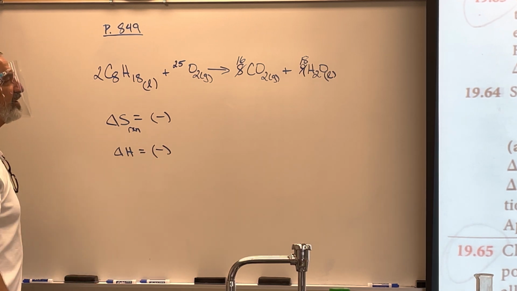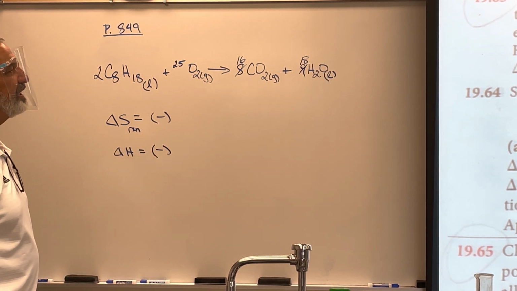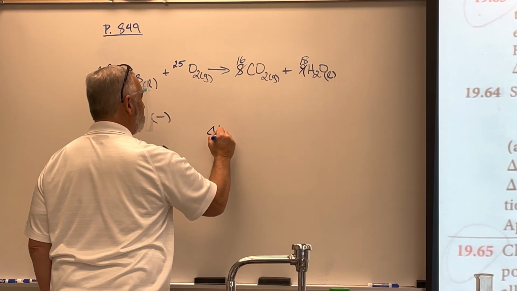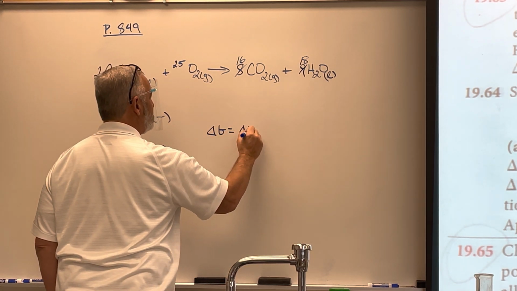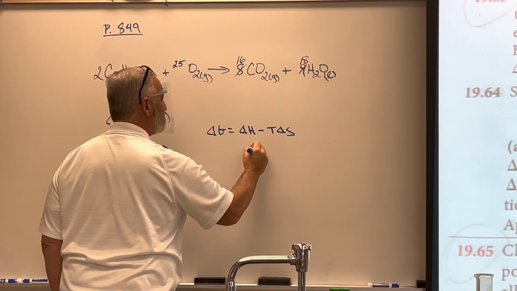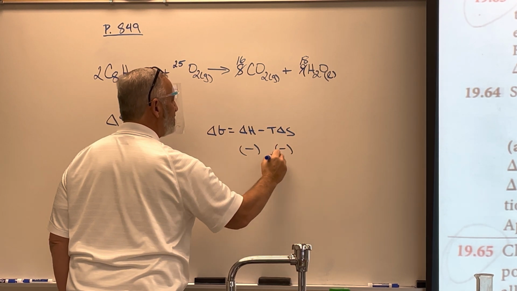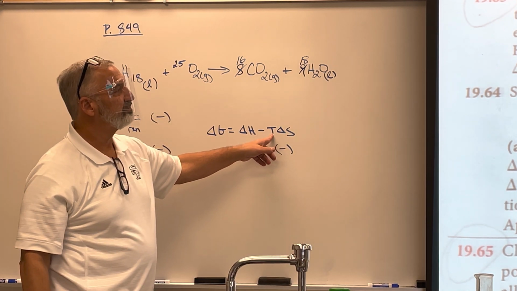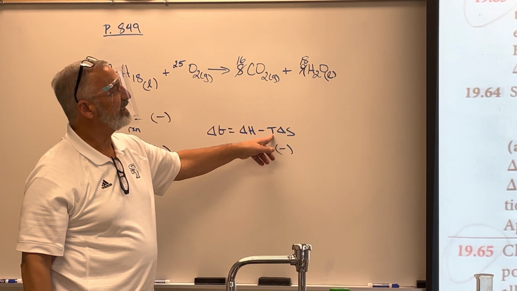So then it says, without using thermochemical data, predict whether delta G is more negative or less negative than delta H. Well, delta G is equal to delta H minus T delta S. So if this is a minus and this is a minus, doesn't matter what the temperature is, right? Do they even give a temperature?